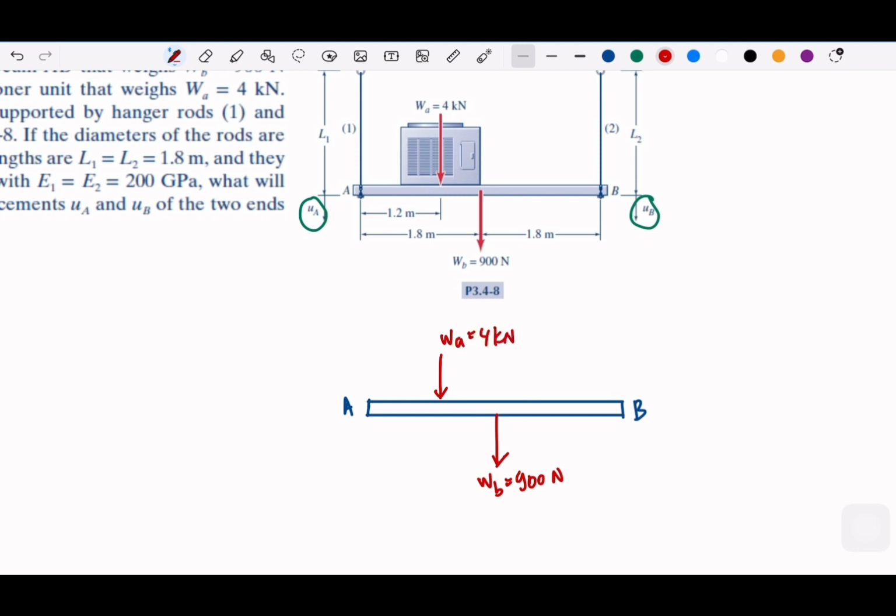And we have all the distances for each weight. Whenever we see this kind of situation, we know this is an equilibrium situation where you can use the force or the moment.